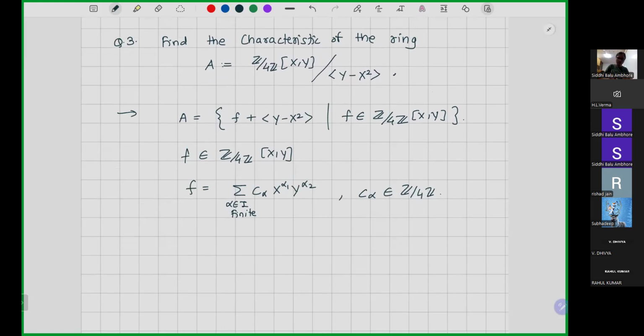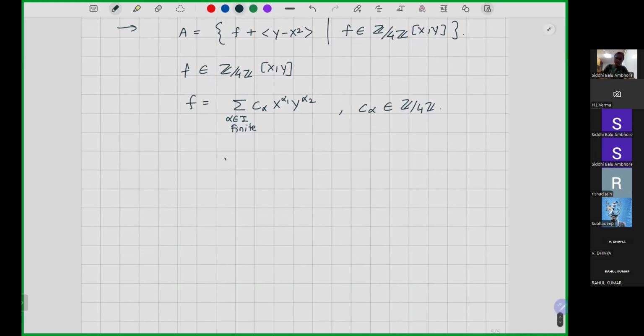Okay, any guesses for the characteristic? We also have options: A is 2, B is 4, C is 0, and D is 3. So the answer is from these 4 integers. Any guesses? First of all, is it okay how elements of this ring look like? Already the guess we have here is 4. So they are saying that 4 is the characteristic of this ring. Let us see how to proceed.